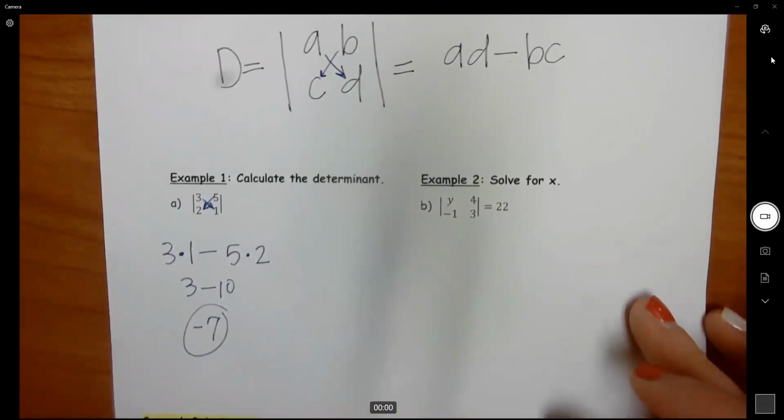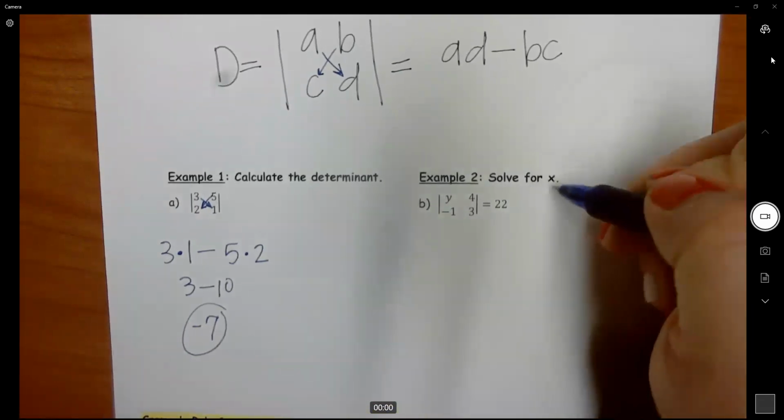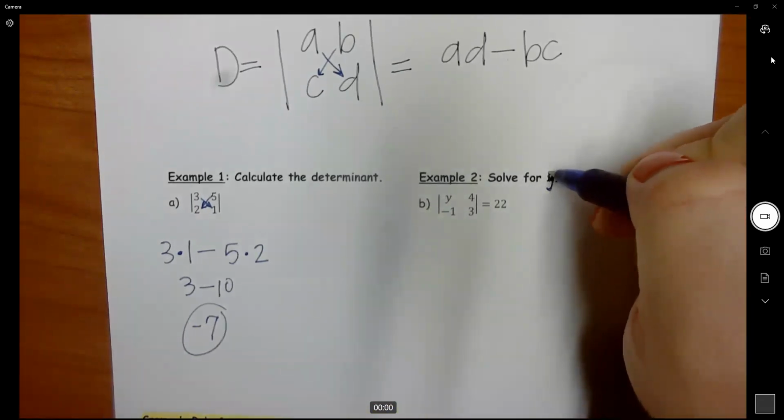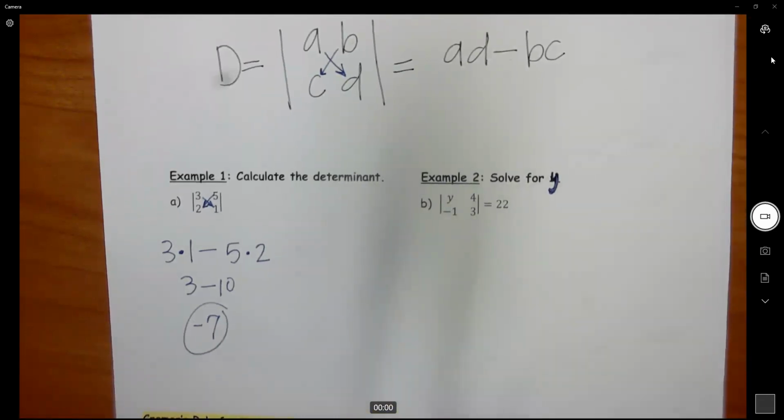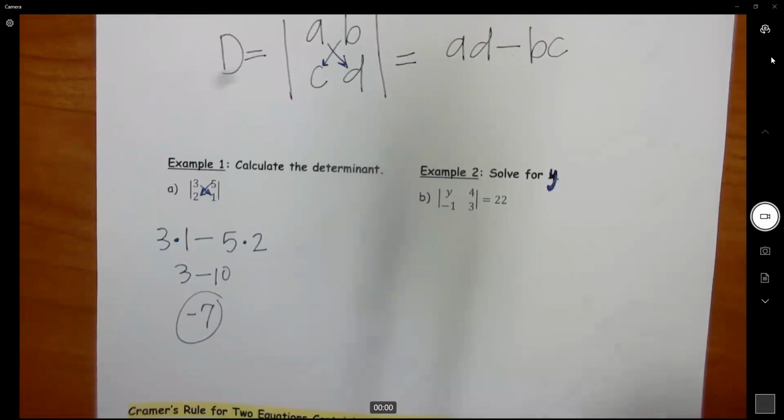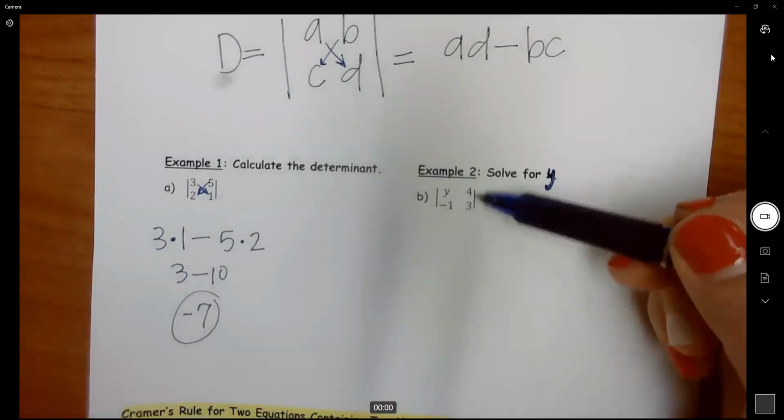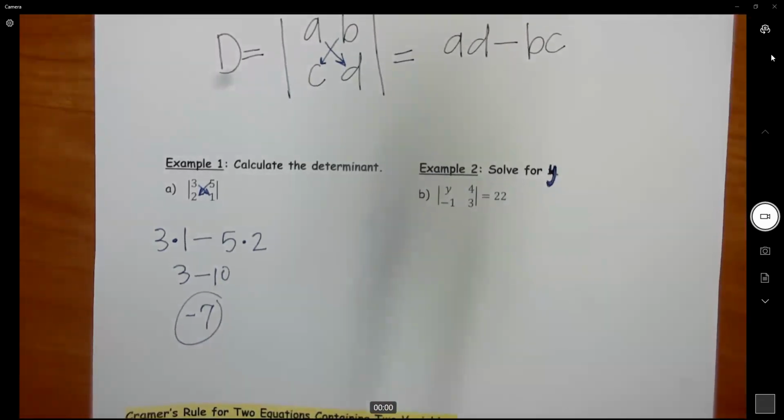In the next one, we're going to solve for it. Well, let's change that to y. Let's solve for y. And I can solve for y by finding the determinant because I see that it has those bars.